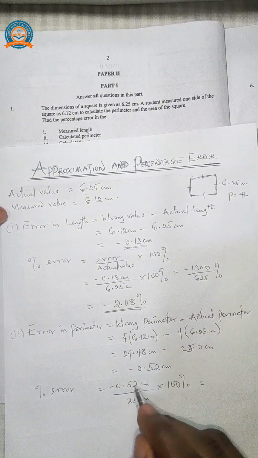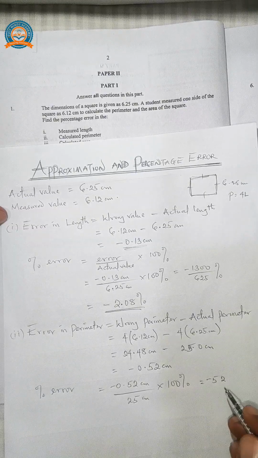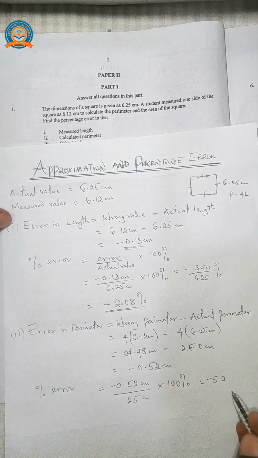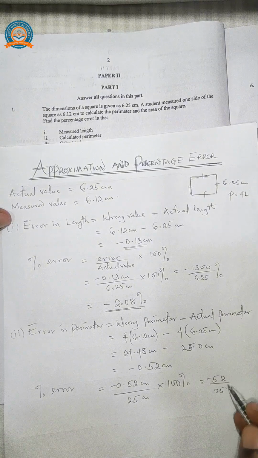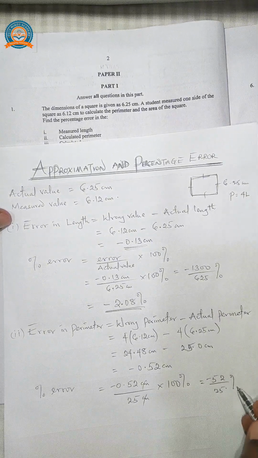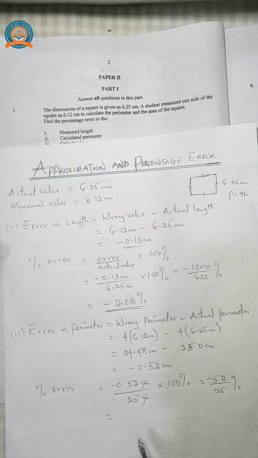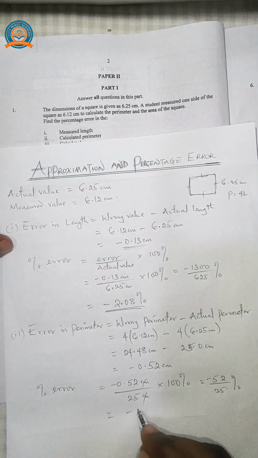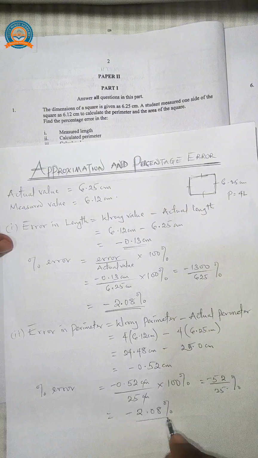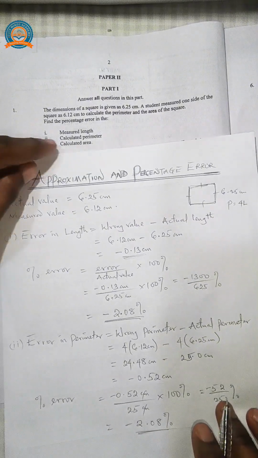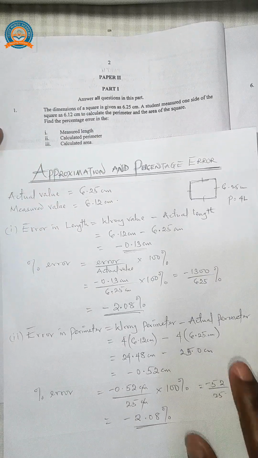So this should give us negative 52 divided by 25, centimeter cancel out, percent. And pressing our calculator, this should give us negative 2.08 in percent.